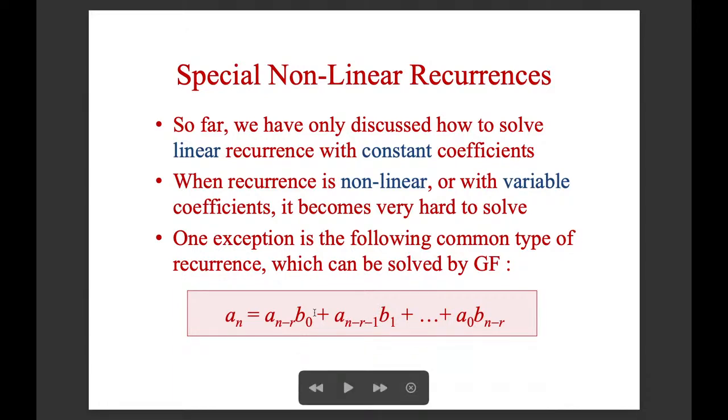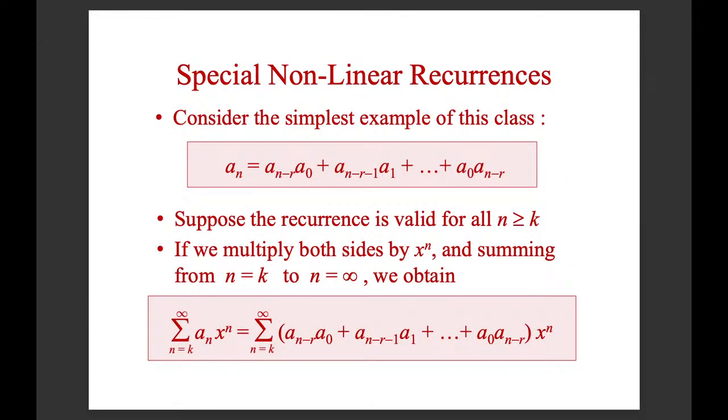So this is usually called a convolution between the sequence a and the sequence b. And in particular, when a and b refer to the same sequence, this is perhaps the simplest convolution that we can think of.